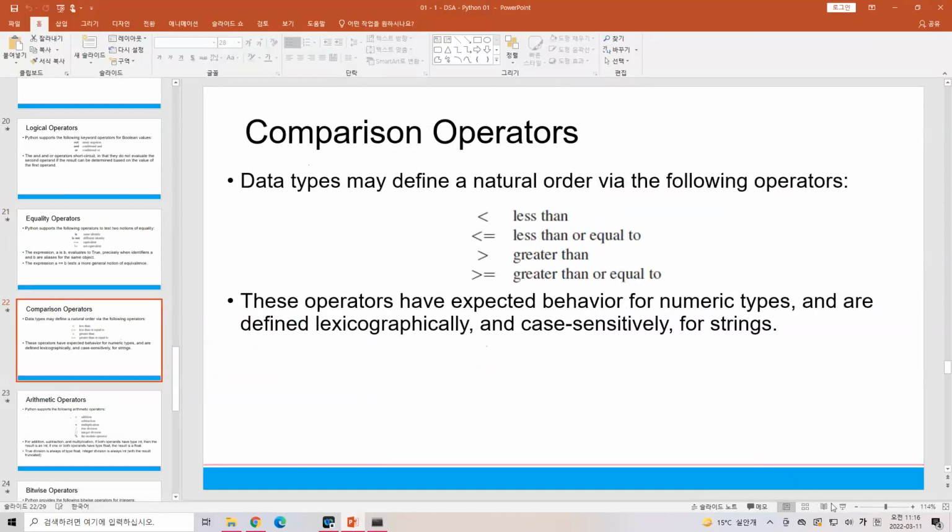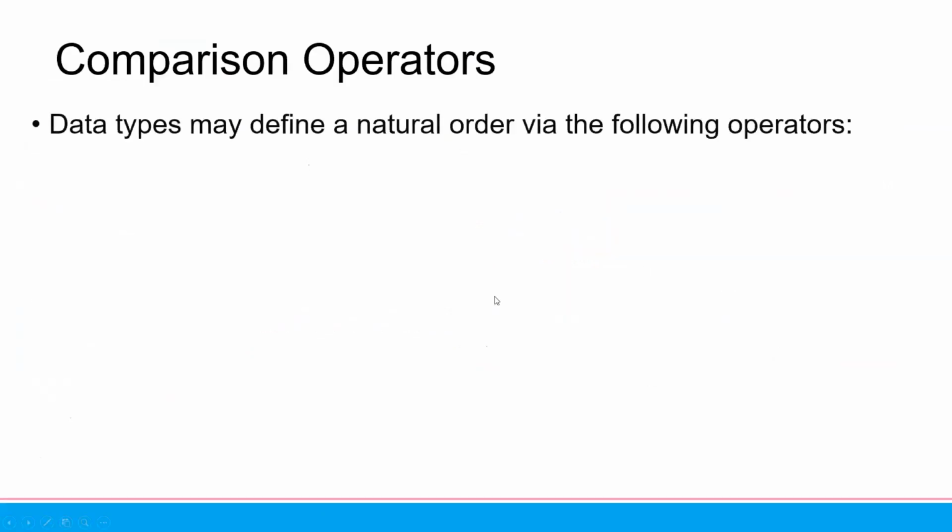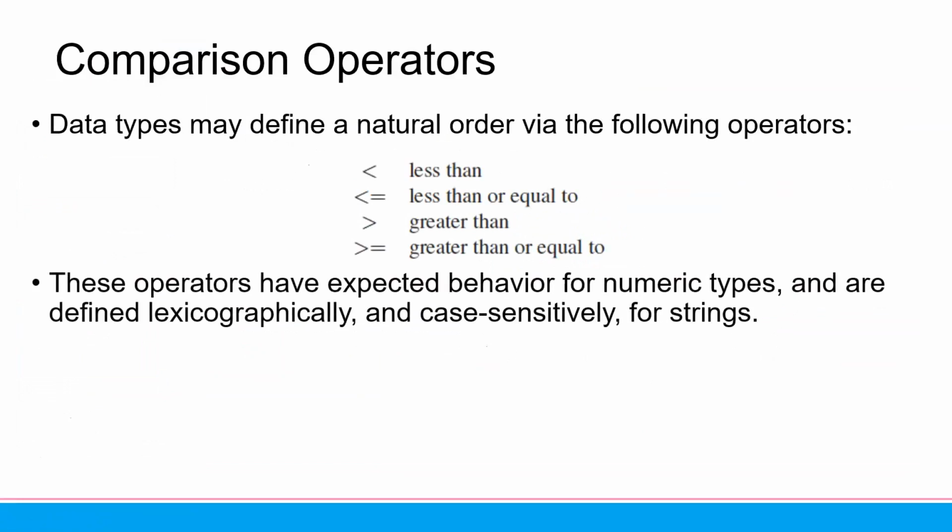The comparison operators are the same as in other programming languages. We have less than or equal to, greater than or equal to. These operators have expected behavior for numeric types. And the good thing is it also defines lexicographic ordering. What is lexicography?